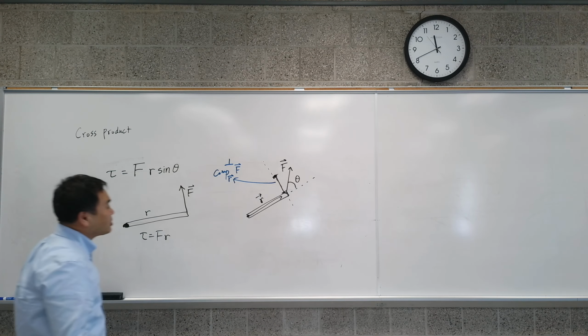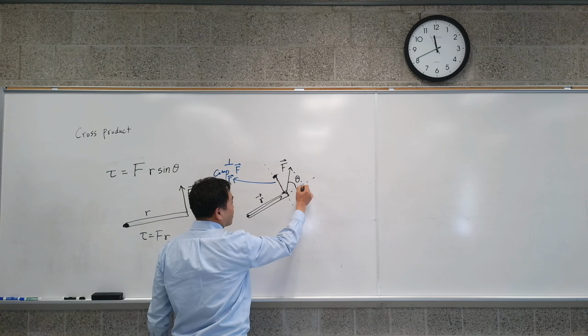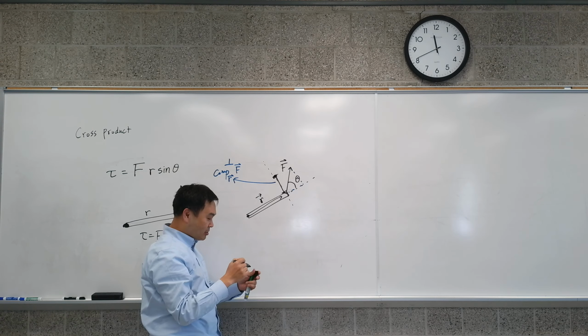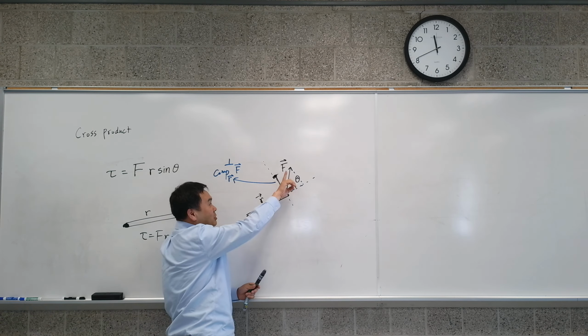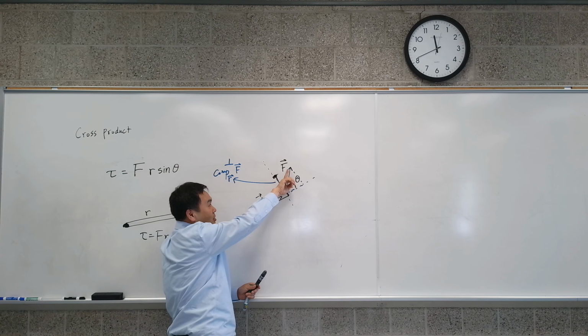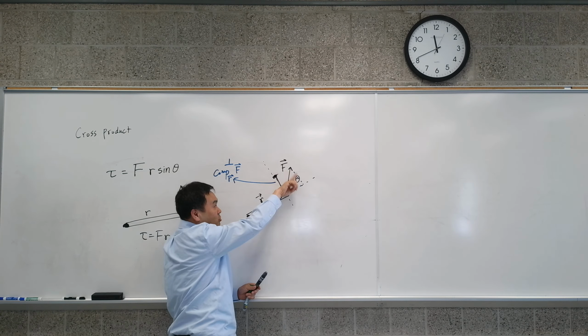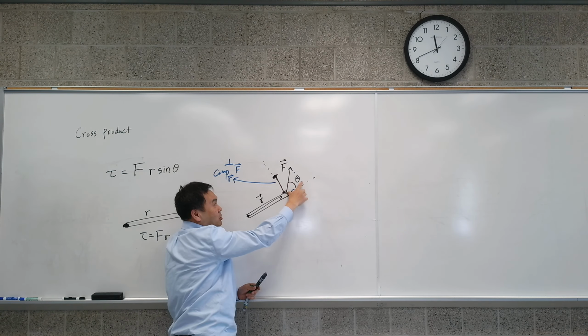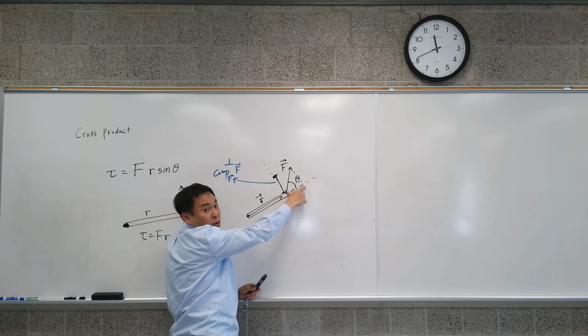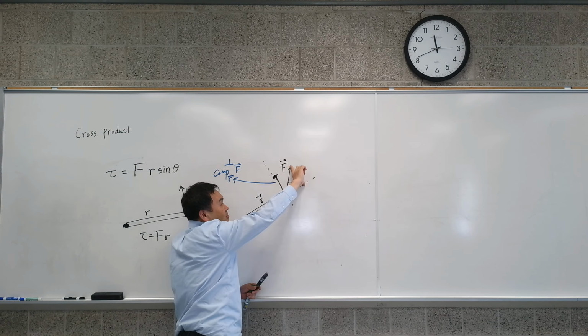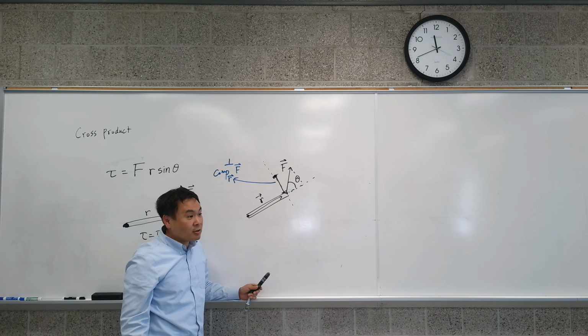And just by using SOHCAHTOA, I said this several times, but just remember when you're trying to project something, if you're getting the component where the vector and that component have the angle between, that's cosine. So this part is F cosine theta, whereas this side, which is the opposite of the angle, is F sine theta, right?